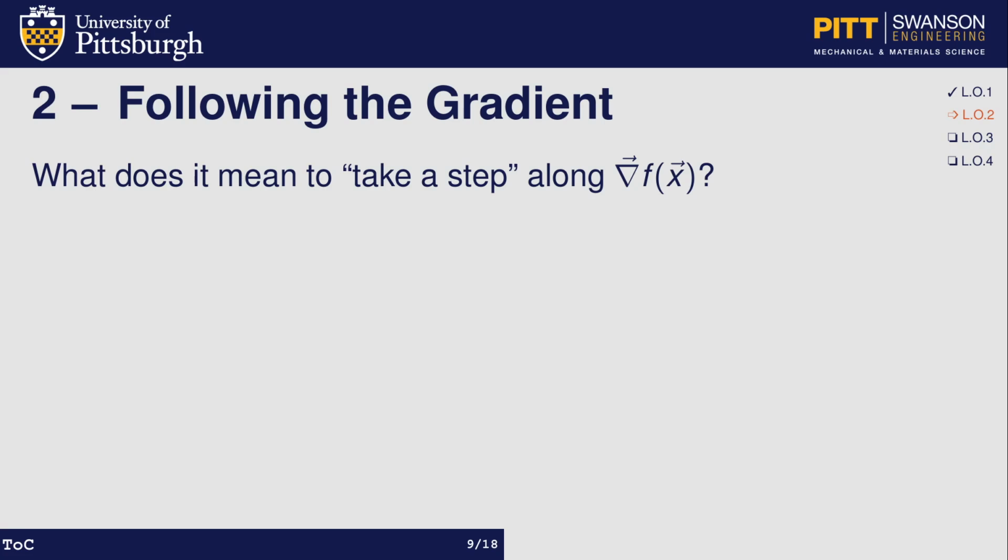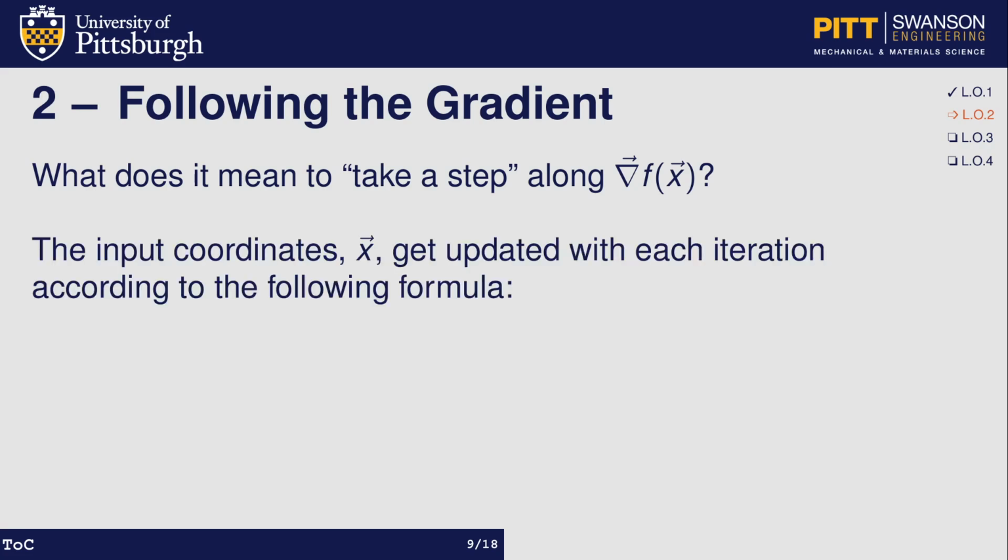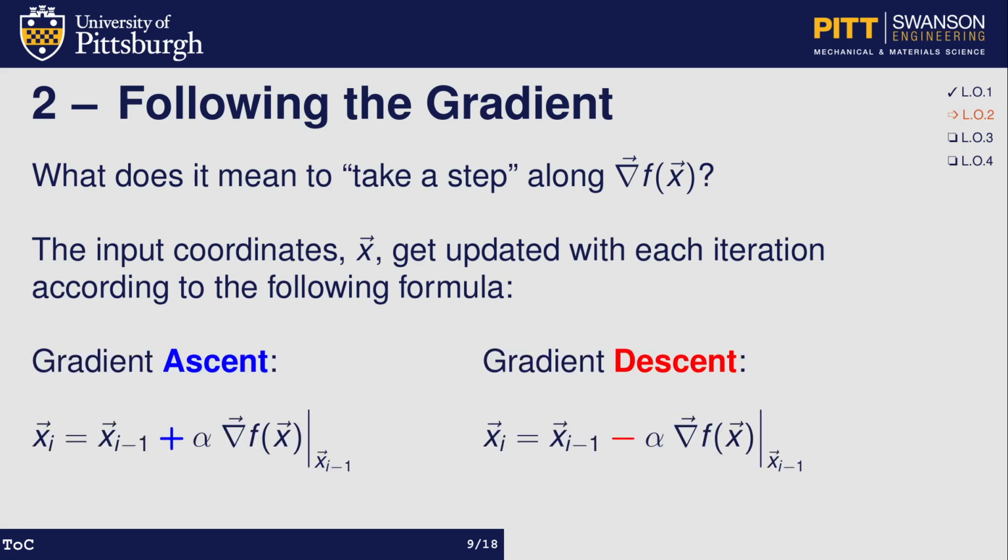Now, what does it mean to take a step along the gradient of f? The input coordinates, x in this case is a vector, get updated with each iteration according to the following formula. For gradient ascent, we have x of i is equal to x of i minus 1 plus alpha times the gradient of f of x evaluated at x of i minus 1.